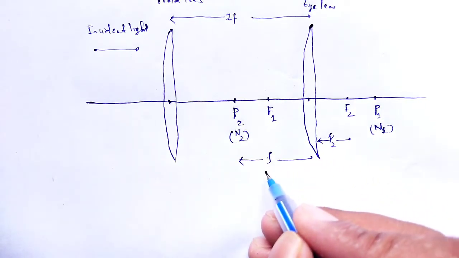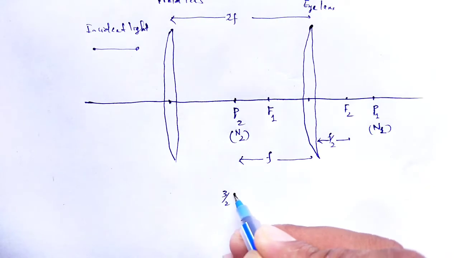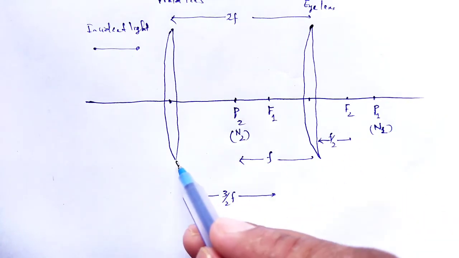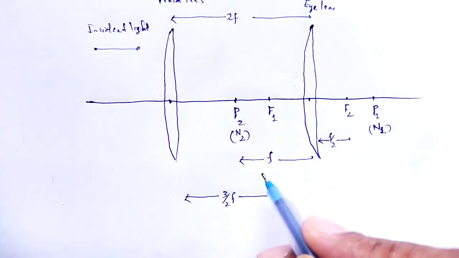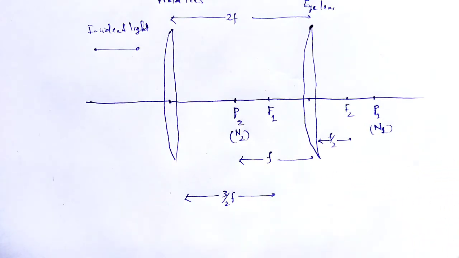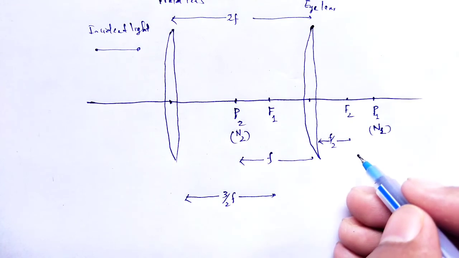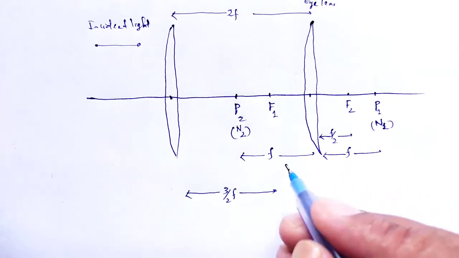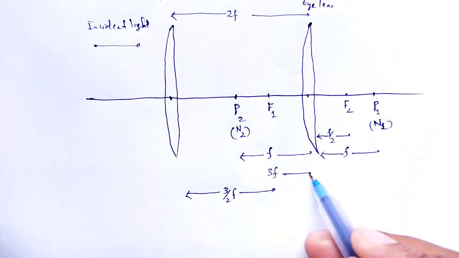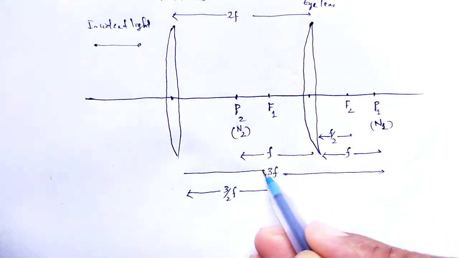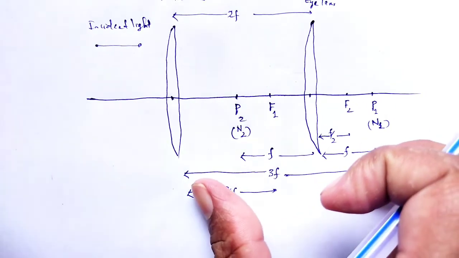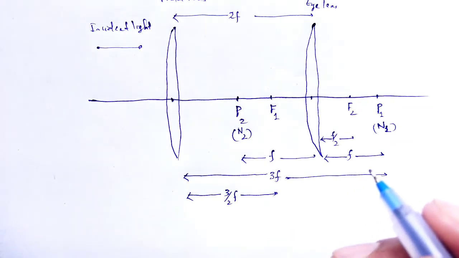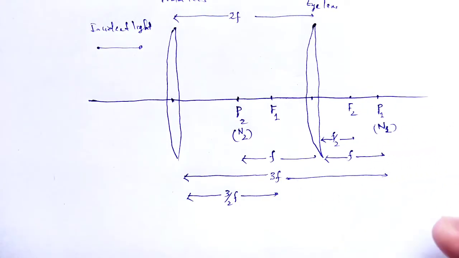The focal length of the field length is 3f, the second principal point is at a distance of f, and here 3f, with the focal length of the field length, and 2f is the focal length of the eye length. Okay, these are the positions of cardinal points.